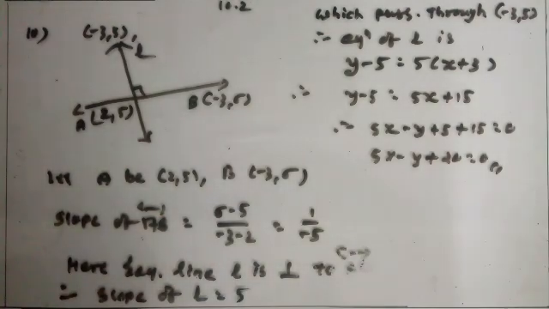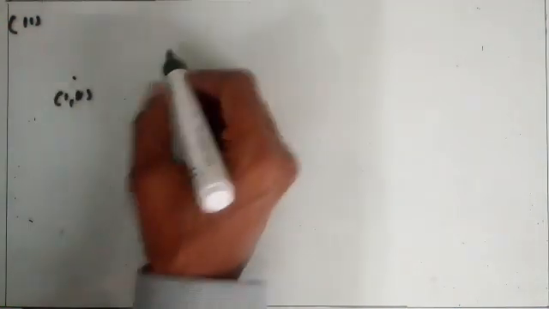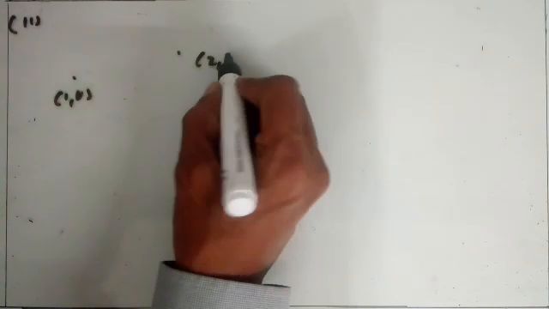Clear? Now question number 11. A line perpendicular to the line segment joining the points (1, 0) and (2, 3) divides it in the ratio 1:n.